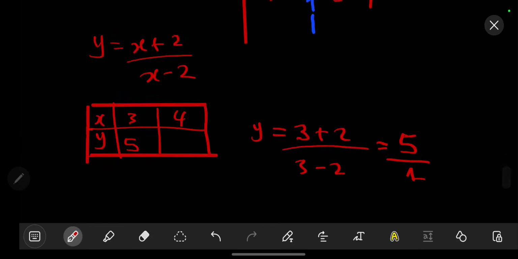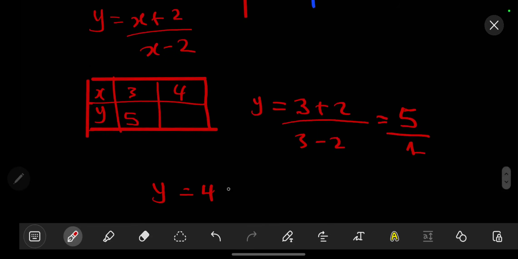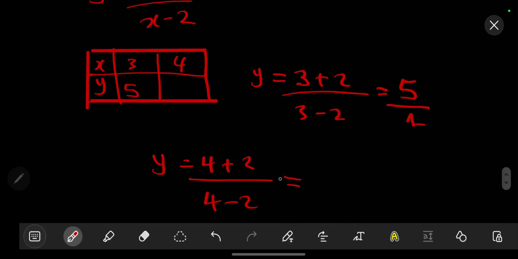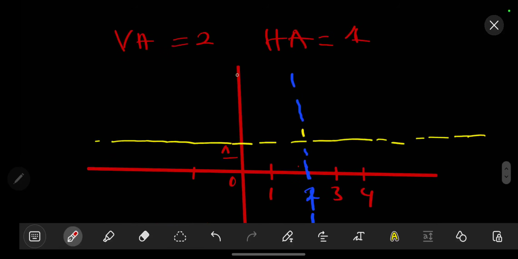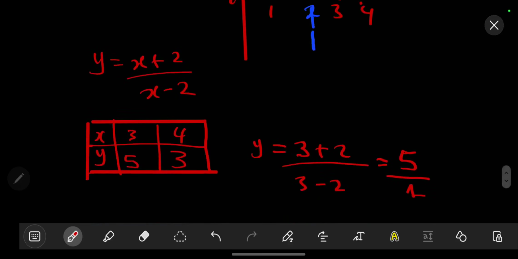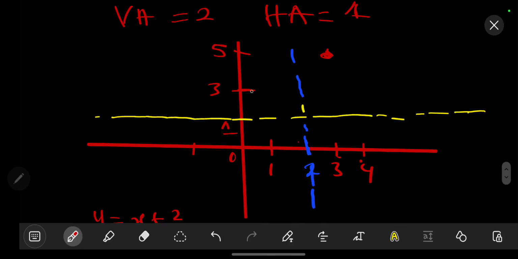When we put a 4, y is equal to (4 plus 2) over (4 minus 2), which is 6 over 2, which gives us 3. So when x is 3, we have y equal to 5, not drawn to scale, and 4 corresponds with the value 3.